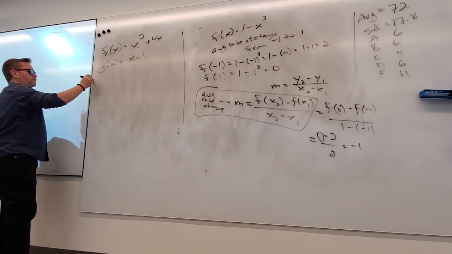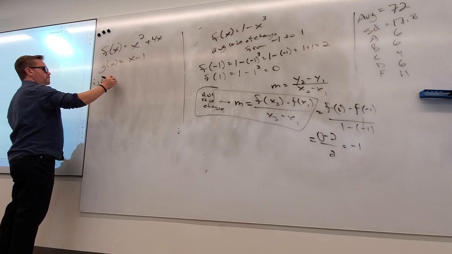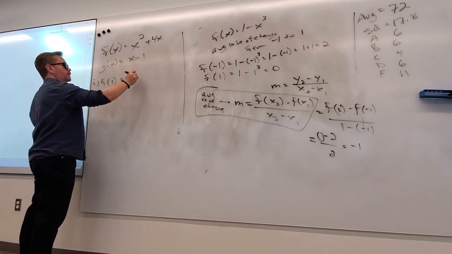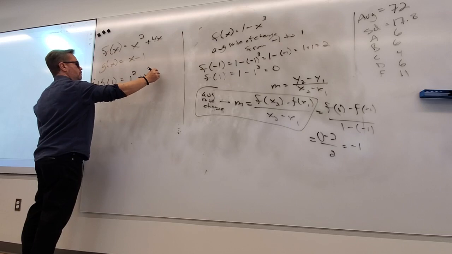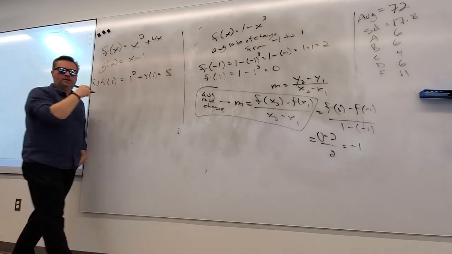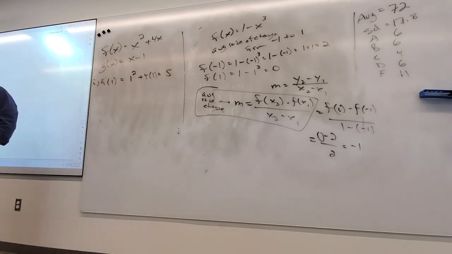Real quick, what would f of 1 be? 1 squared is 1, plus 4. You just plug. The beautiful thing about functions is they're very single-minded. Whatever's inside of them, you just plug it in.